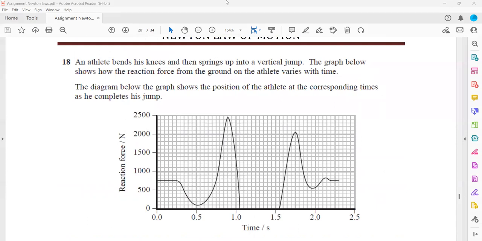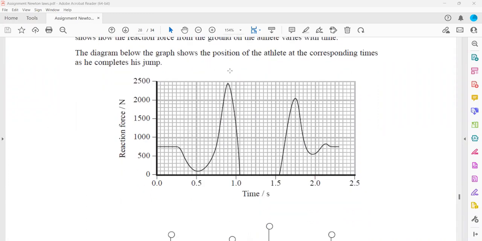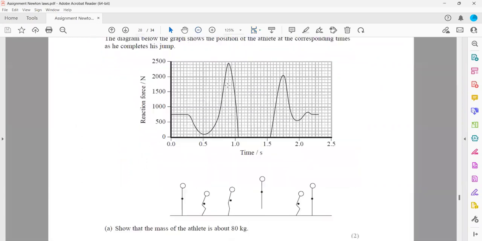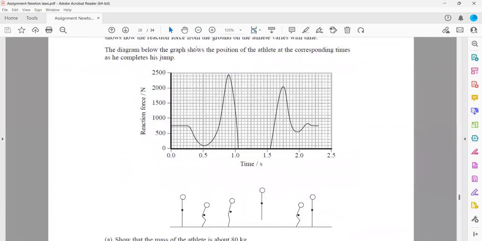The graph below shows how the reaction force from the ground on the athlete varies. First, the diagram below shows the position of the athlete corresponding to a time as he jumps. You can see when he's standing straight and stationary, not changing orientation, at that time the weight is equal to the normal contact force.